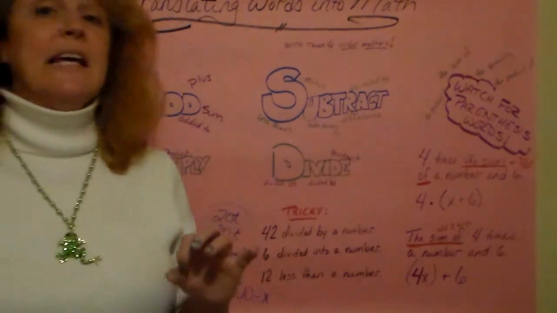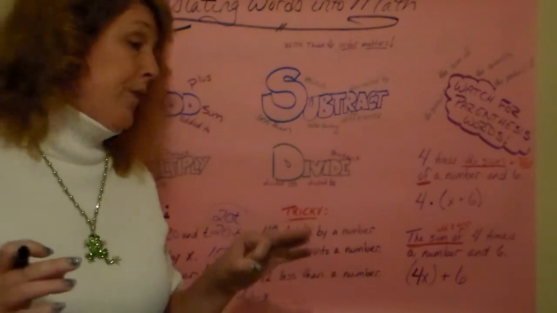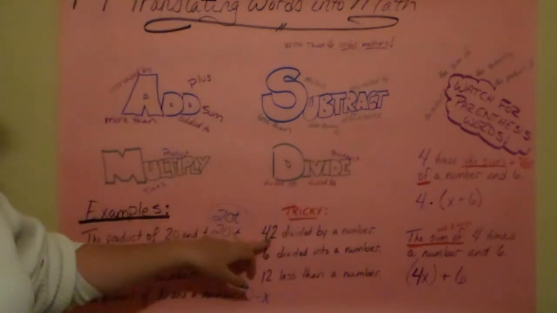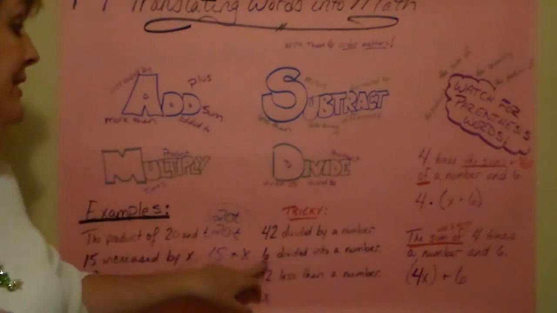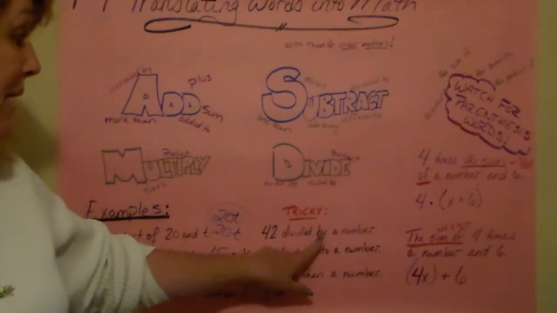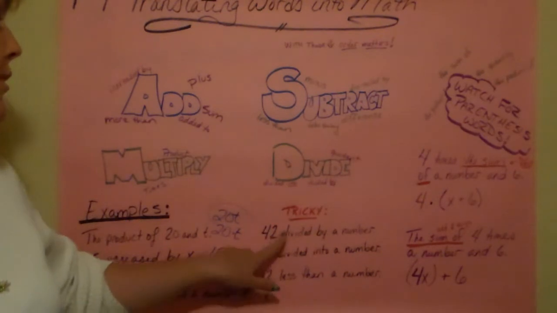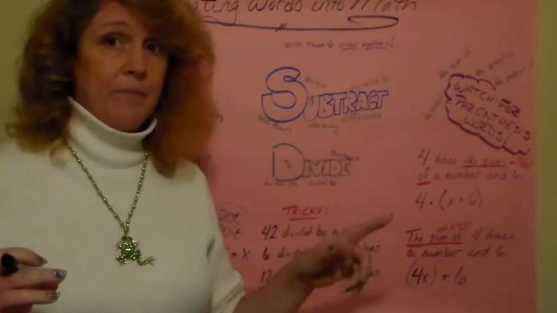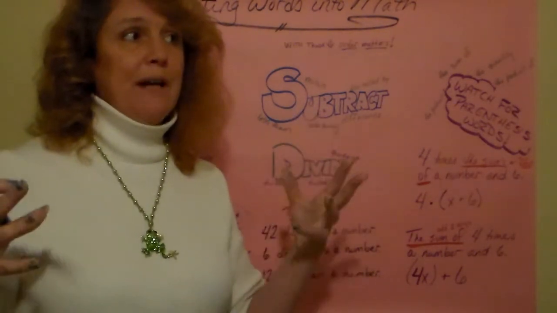Now, these can get a little tricky with the way that they word them. 42 divided by a number, 6 divided into a number. Divided by and divided into. 42 divided by, that's the big number divided by the small number.